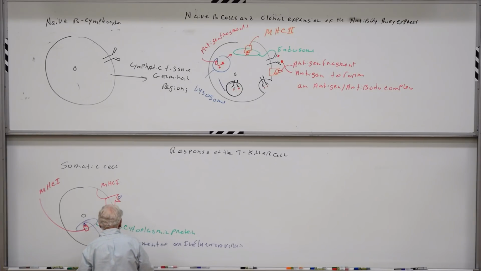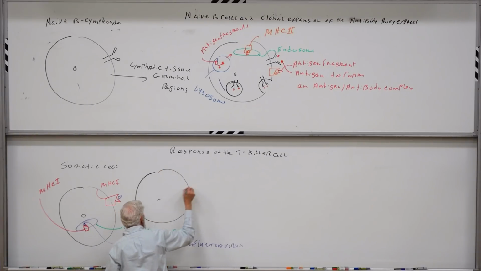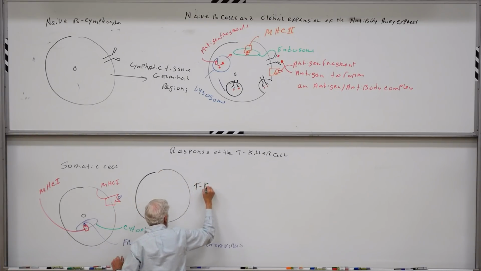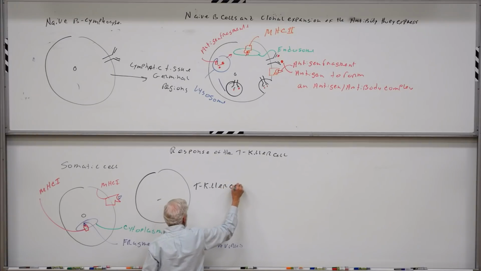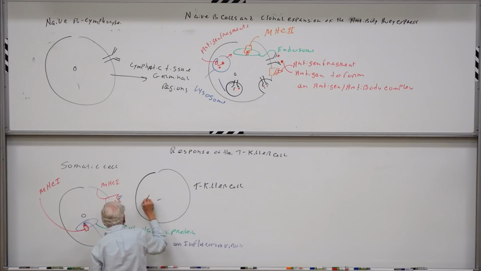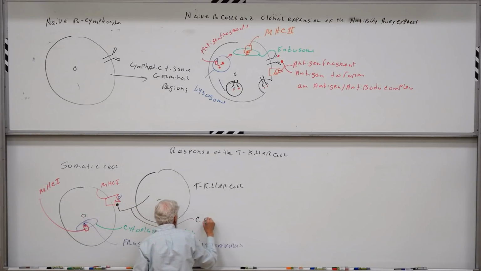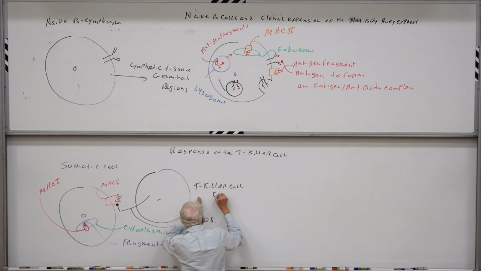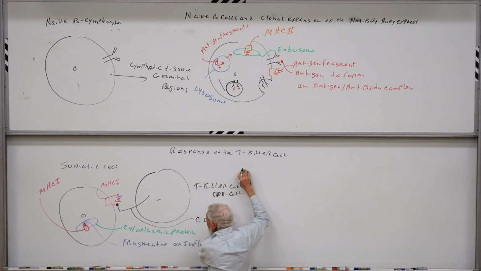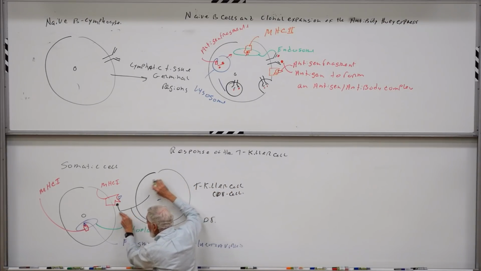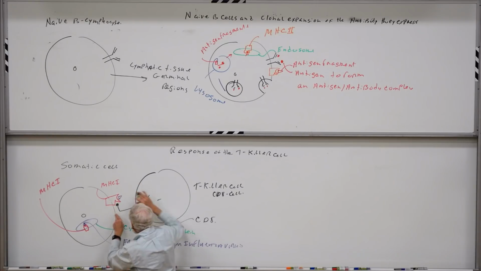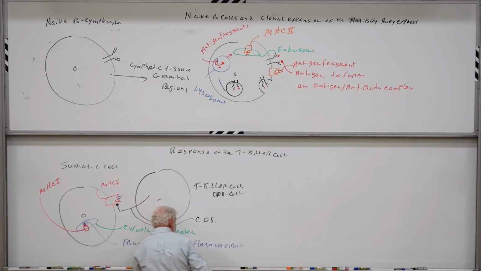And now along comes this cell, which is a T killer cell. It has a transmembrane protein again, called CD8. So T killer cells are CD8 cells. What the CD8 does is it moors this cell to the MHC1 protein, brings this cell in close enough.